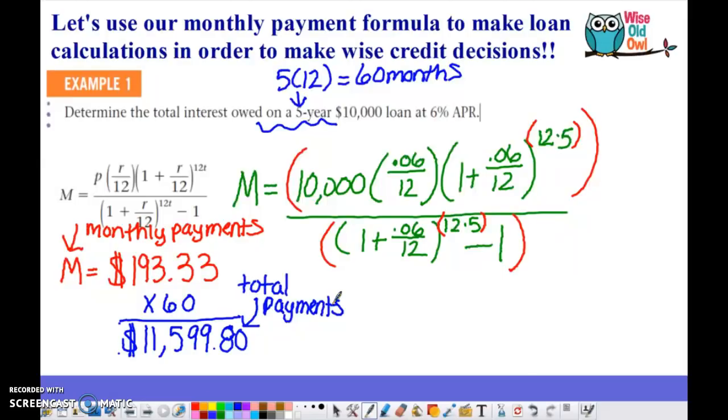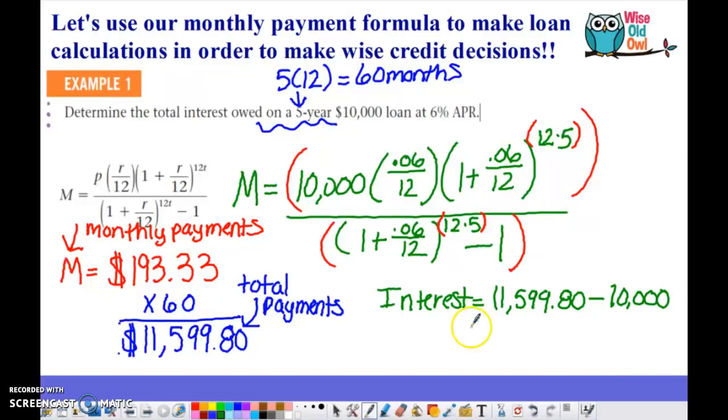So in order to find the interest I had to pay on that loan, my interest is just how much I paid, which is this $11,599.80, and I just have to subtract how much I actually got the loan for. And I actually got the loan for $10,000. So my interest over the life of the loan is going to be $1,599.80.